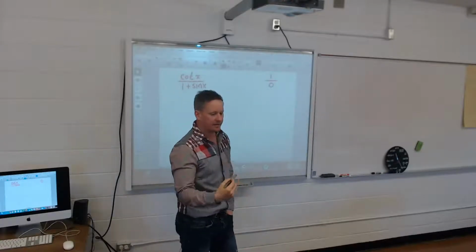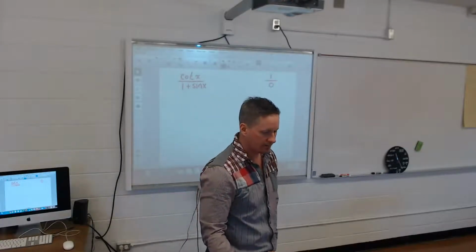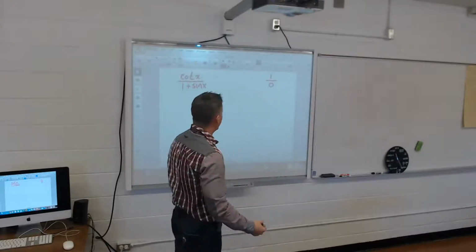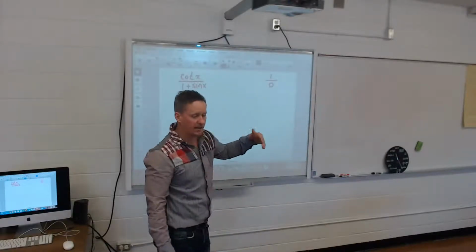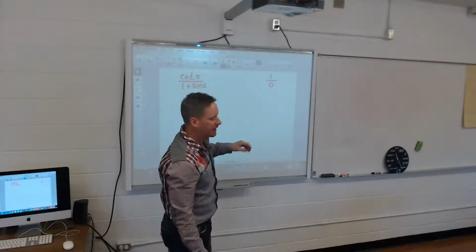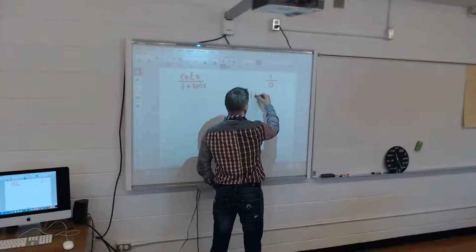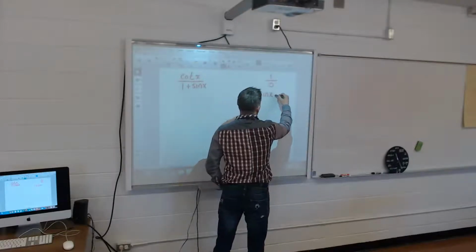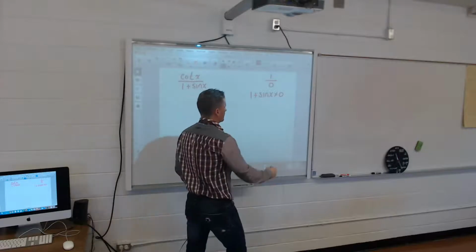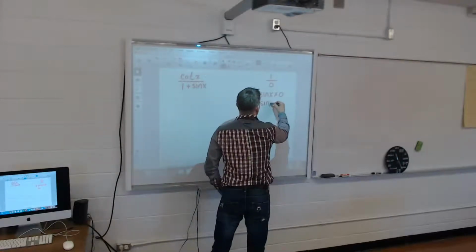I can't have a 0 as a denominator ever. Agreed? So looking at this, the way it's written, without making any adjustments, 1 plus sine x can't equal 0. You agree? So it's where sine is equal to -1.